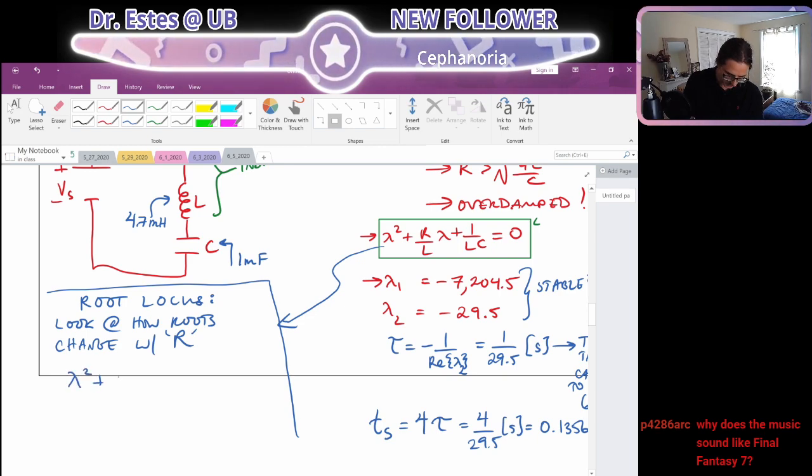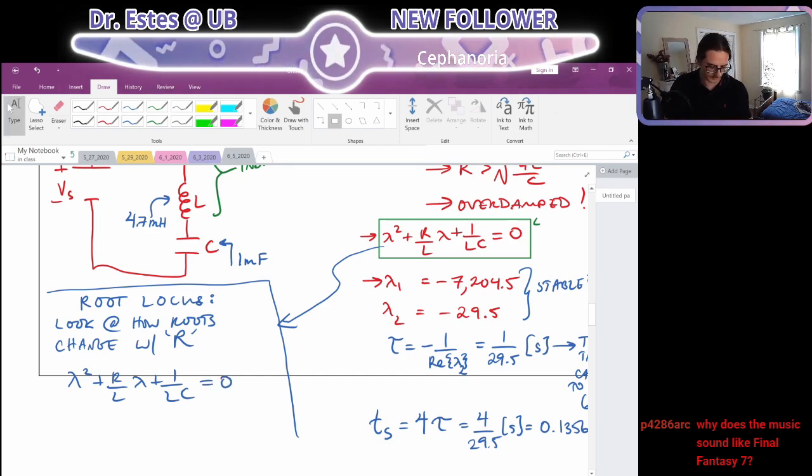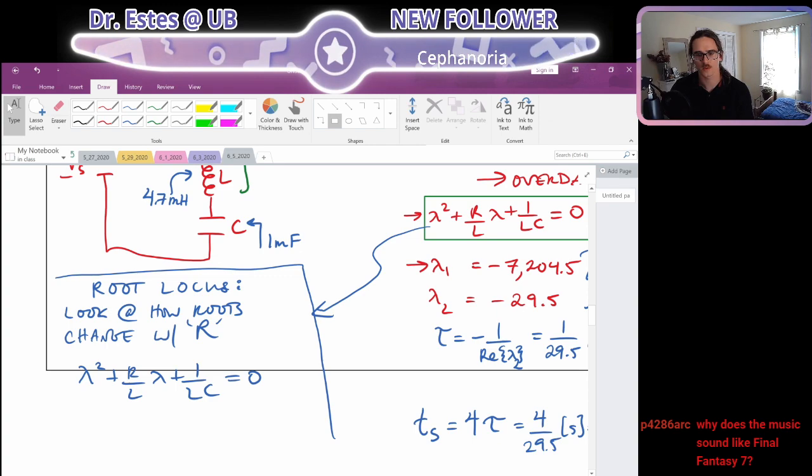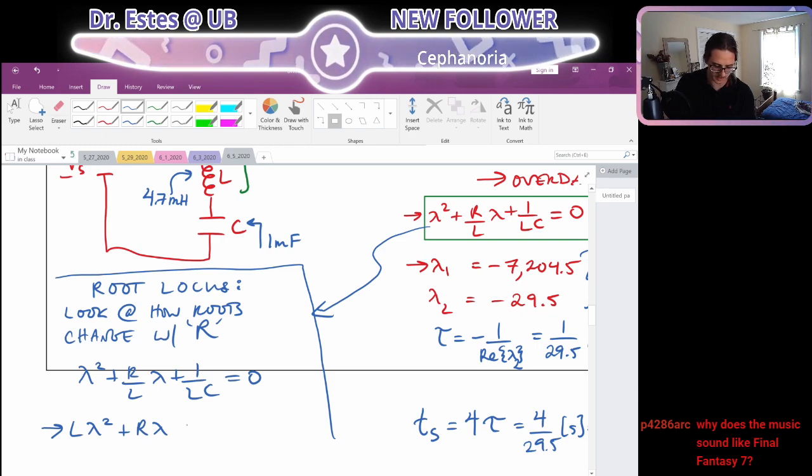So this is our characteristic equation. I'm going to multiply everything by L, and that's going to allow me to get this R parameter by itself.